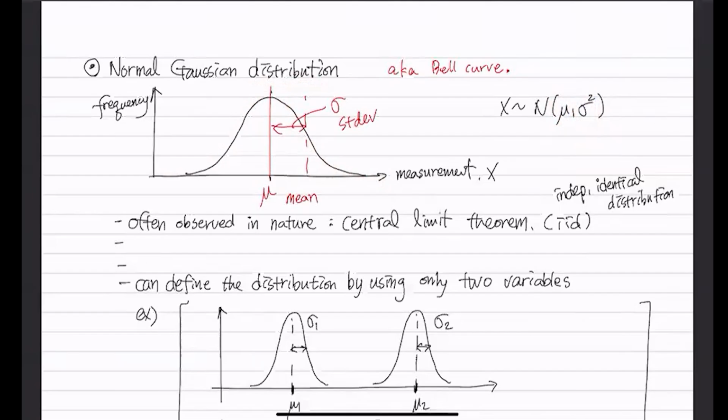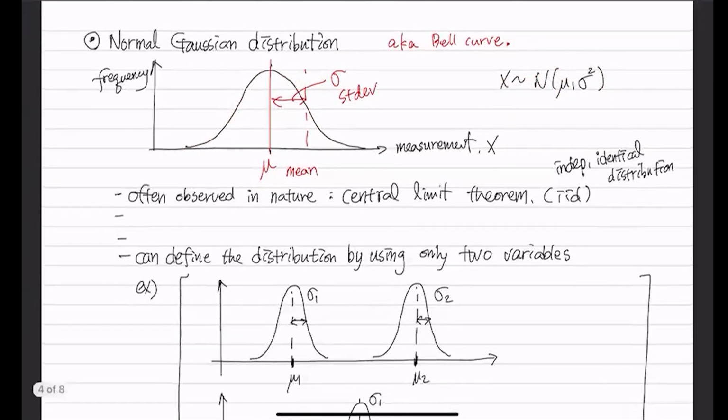So if you know these two numbers, then you can define this distribution, all right? So a normal distribution is determined by just two numbers, the mean and the standard deviation. And this is how you mathematically write that: whatever measurement x is following a normal distribution that has mu, the mean, comma, and the standard deviation, all right?